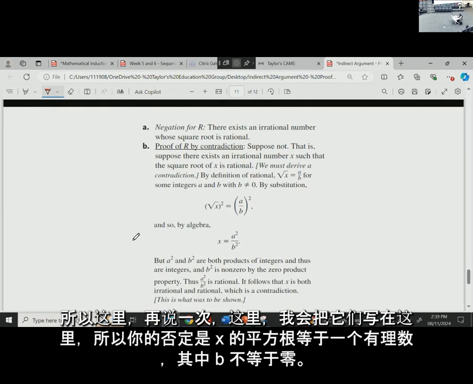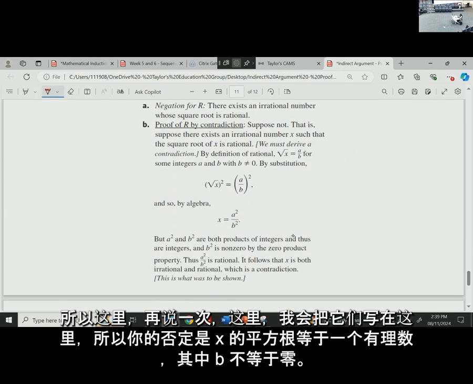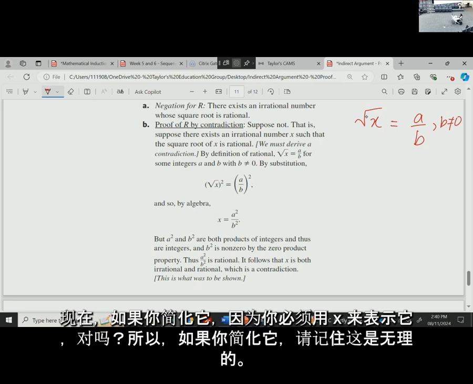So here, again, I will write these down over here. Your negation was that the square root of x is equal to a rational number a over b, where b is not equal to 0. Now if you simplify it, because you have to show it in terms of x, right?